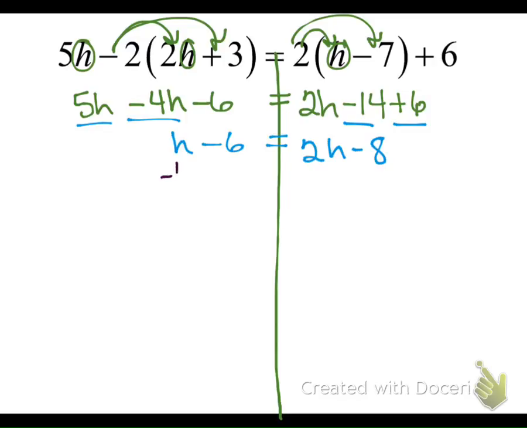Yeah, minus h. Anytime a variable is by itself, what number is in front of it? A 1. So my left side, Kelsey, what do I bring down? Minus 6. And on my right side? Yeah. Or h minus 8. Okay.